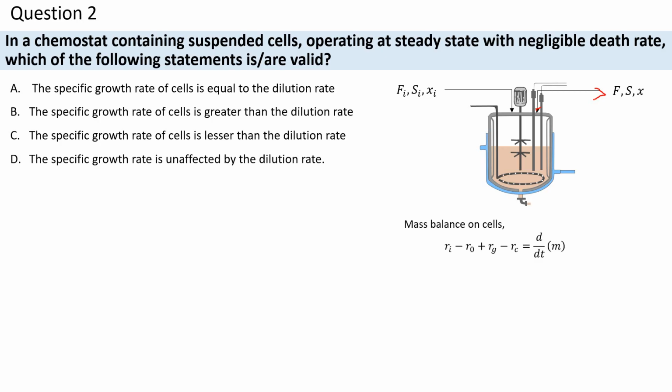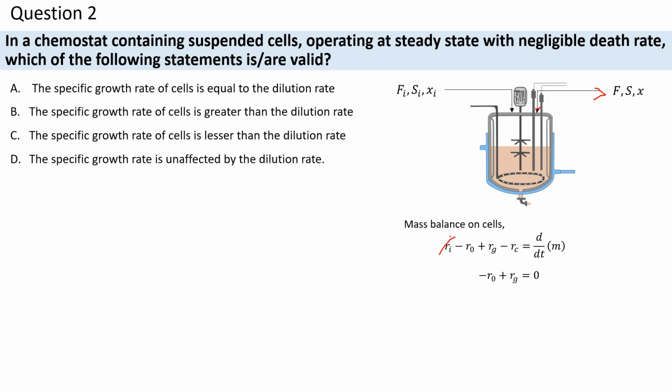Okay, mass balance on cells. So the overall mass balance is Ra minus R naught plus Rg minus Rc is equal to d by dt of M. So this is the overall mass balance that we use. Okay, so here we know that there is no outlet of cells, but we are not feeding any cells inside because we didn't talk about recycle at all.